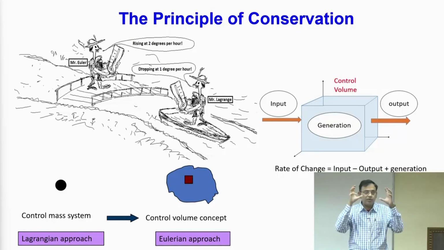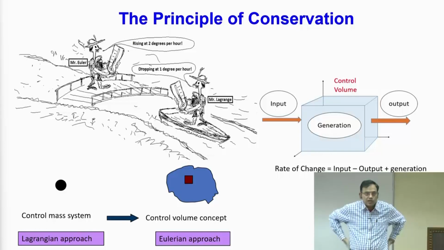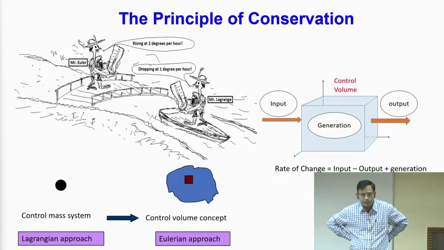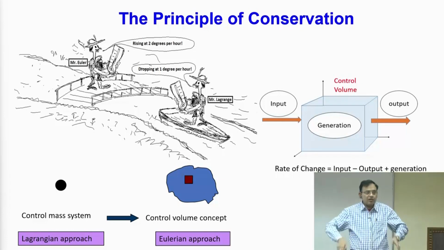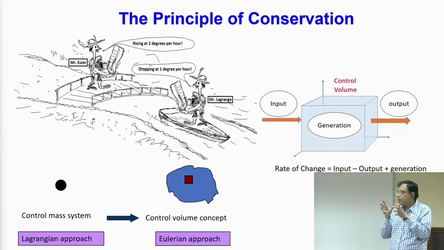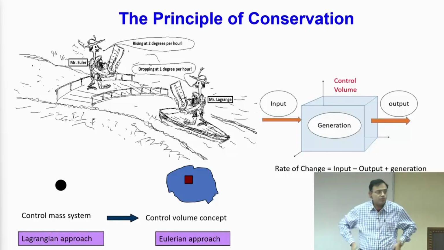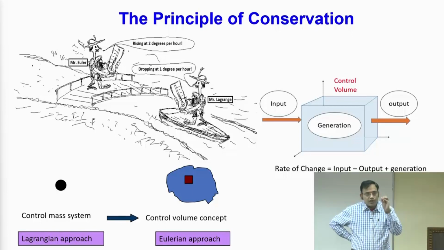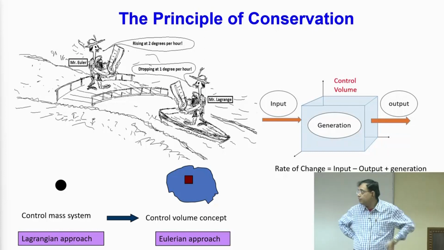As if you are sitting with a camera with a focus at a particular location, studying the change taking place around that. This is the control volume approach. Control volume is that specified region across which you are studying what is happening. Your focus is not on an identified mass, but an identified region; that is the fundamental difference.